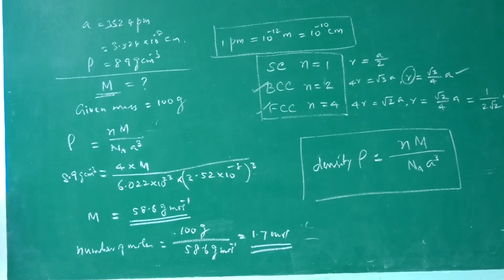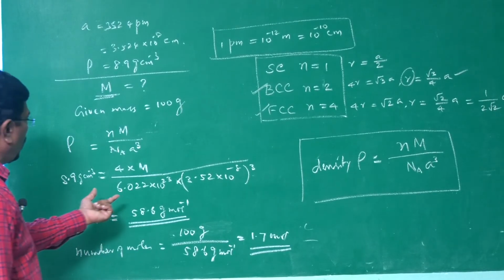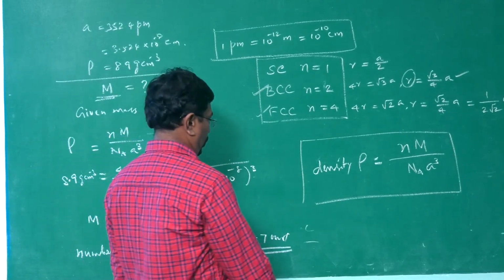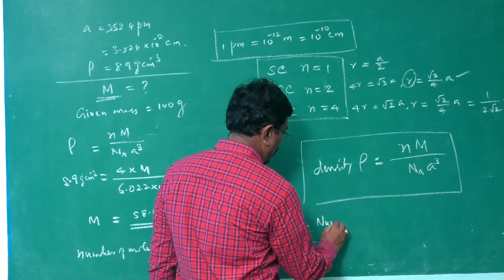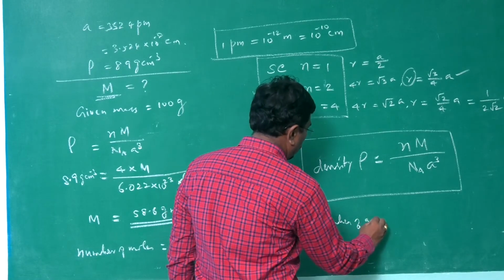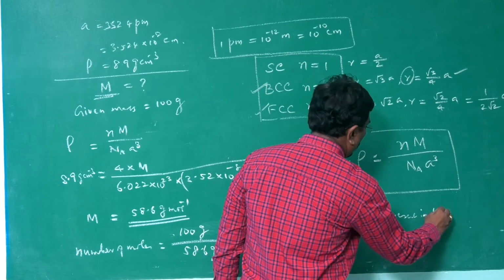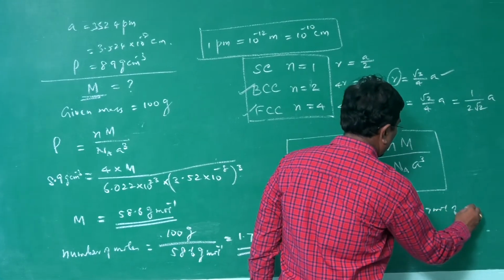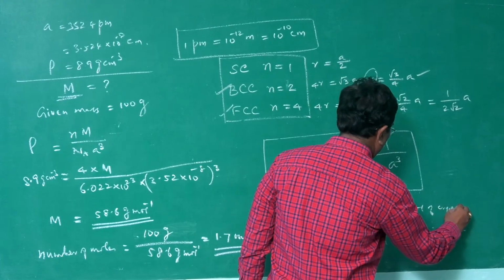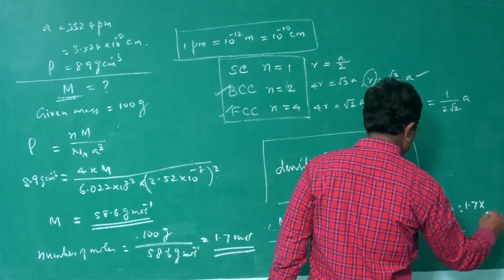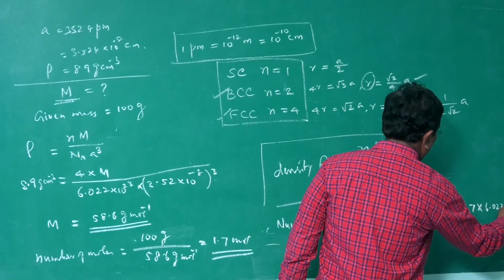Now we should find out the number of atoms. 1 mole contains 6.022 × 10^23, therefore 1.7 mole: the number of atoms present in 1.7 mole of the crystal is equal to 1.7 × 6.022 × 10^23.